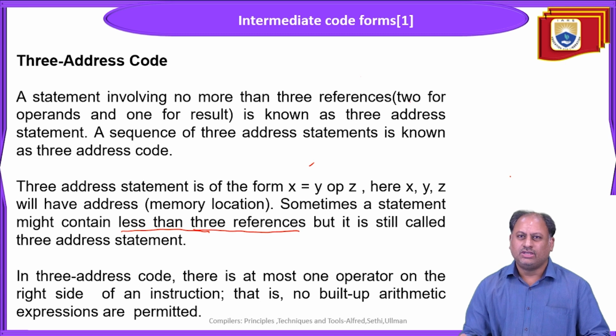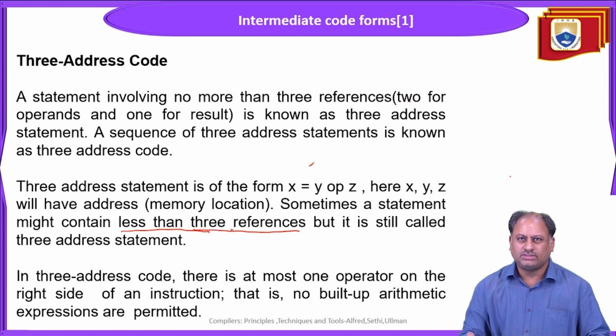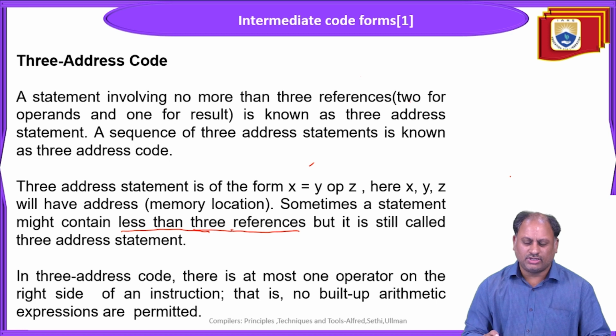So three address code contains a maximum of three references, and in this example also it contains three, and out of that it requires at least one operator on the right hand side of the instruction.